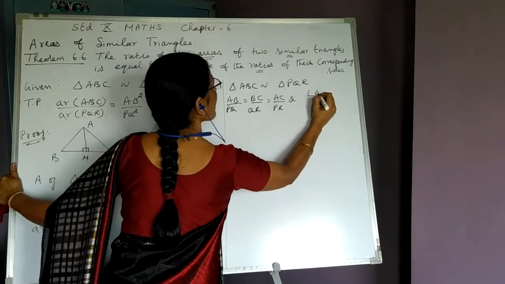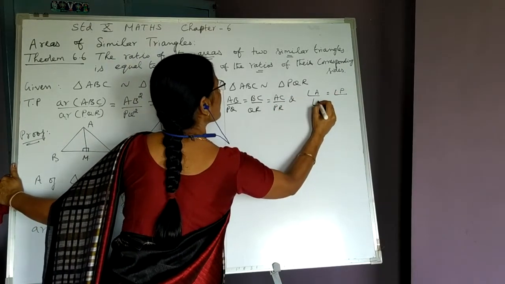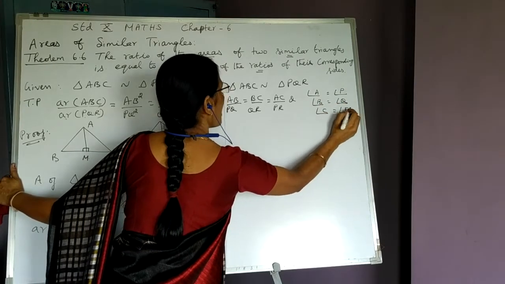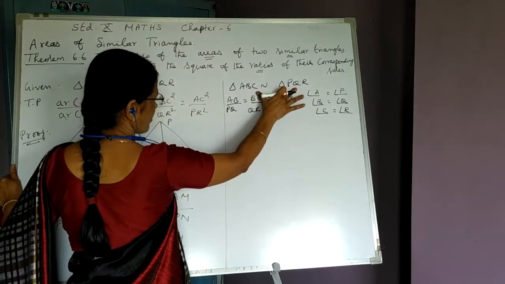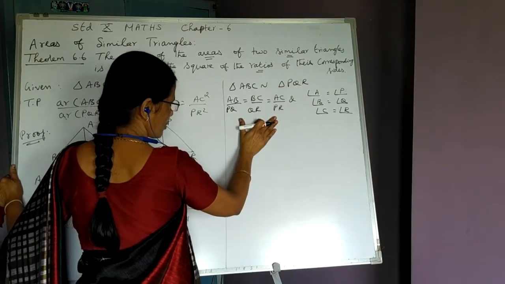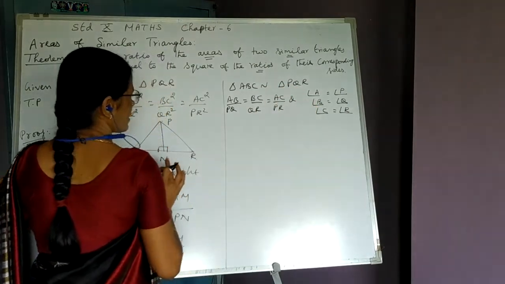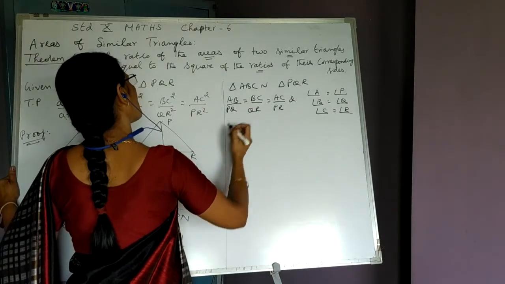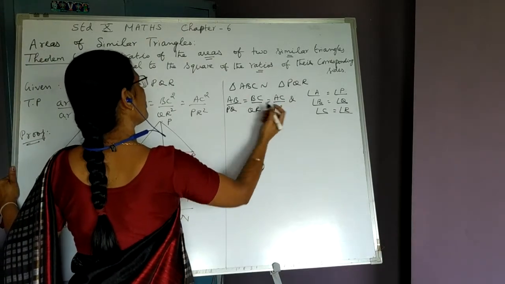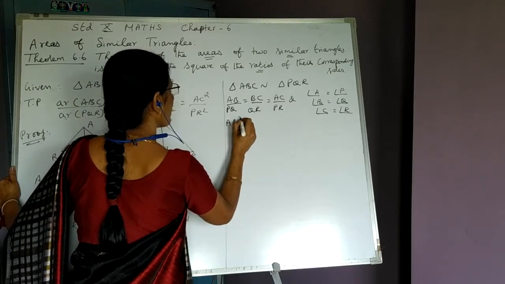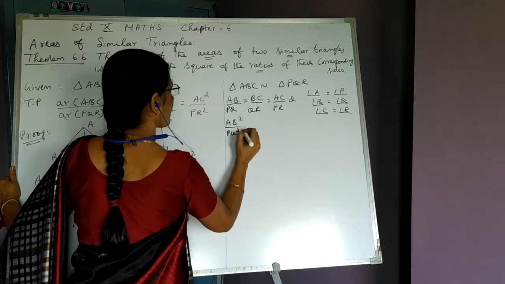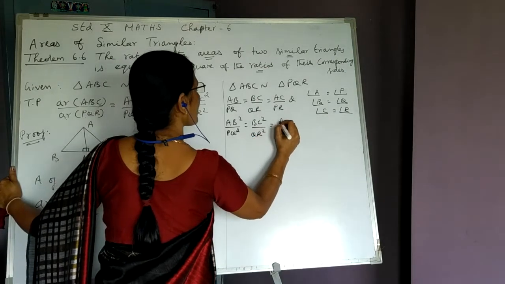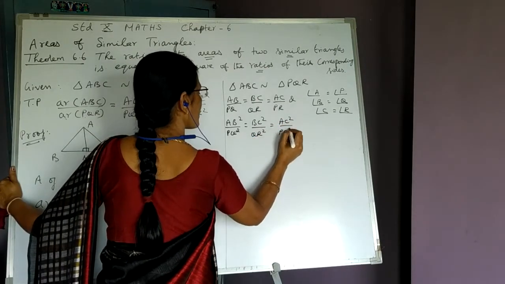And angle A is equal to angle P, B equal to Q and C is equal to R. Also remember, when sides are proportional, their squares are also in the same ratio. So AB square upon PQ square, taking square everywhere, I get BC square upon QR square is equal to AC square upon PR square.